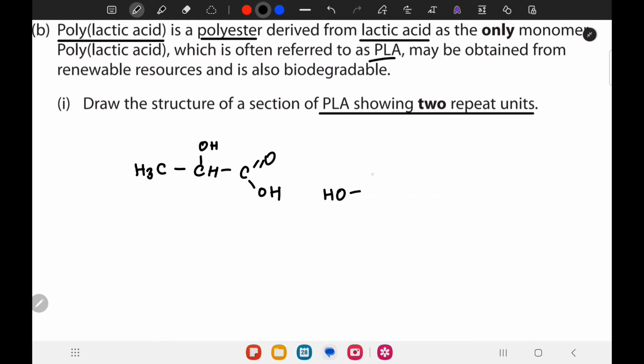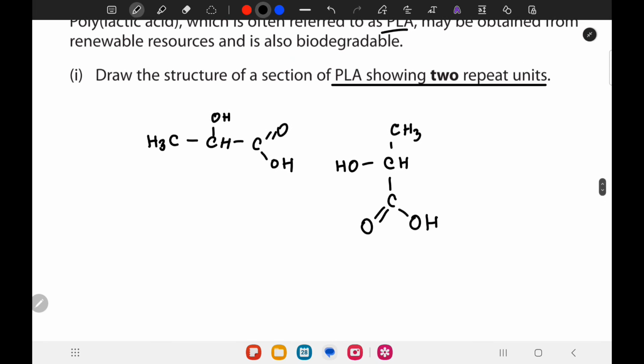this carboxylic acid. So we have this on the other side.